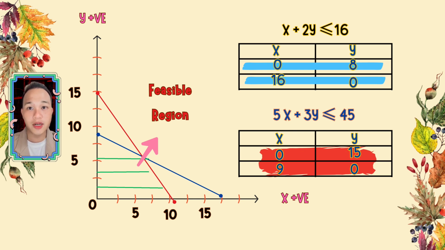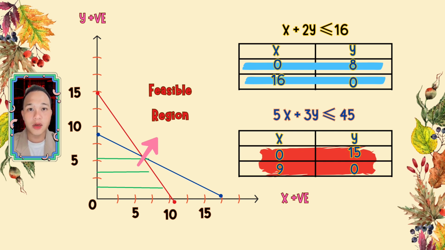Since these are less-than-or-equal-to constraints, they are satisfied in the regions below the lines towards the origin. Therefore, the region satisfying both constraints simultaneously is the one here. That is called the feasible region. Any point in this region is a feasible solution.